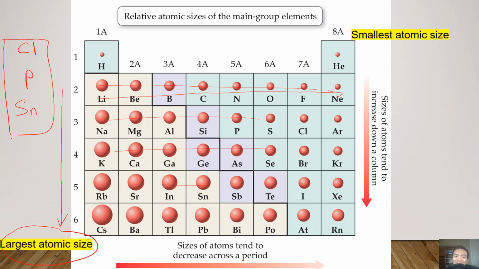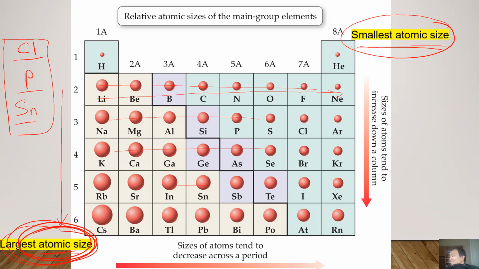There's one trick that you can do. When you are closer to the top right corner, it gives you the smallest atomic size. If you're closer to that corner, that means you have a smaller size. When you are closer to the bottom left, that's the largest atomic size. So you can circle chlorine, phosphorus, and tin in the periodic table. That's my phosphorus, that's my chlorine, and then tin is over here.